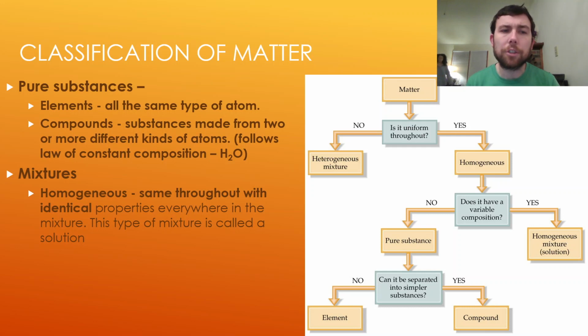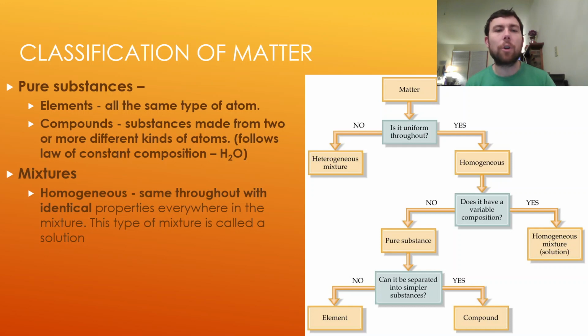Homogeneous mixtures are the same throughout. An important characteristic is that they have identical properties everywhere in the mixture. The particles are evenly distributed throughout, and the physical properties of the mixture are the same everywhere.